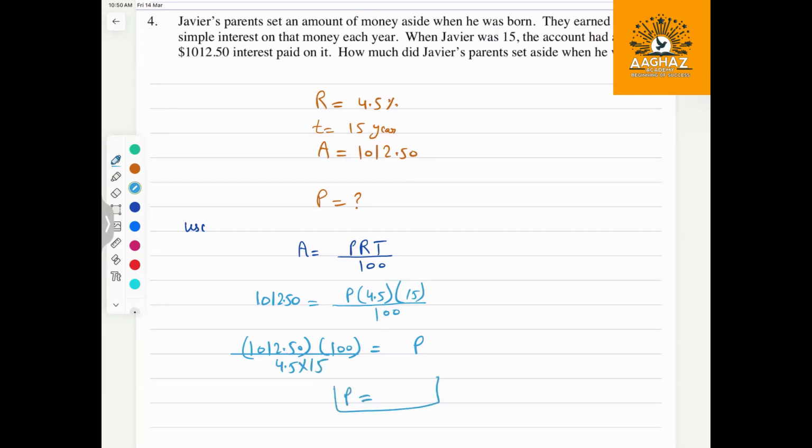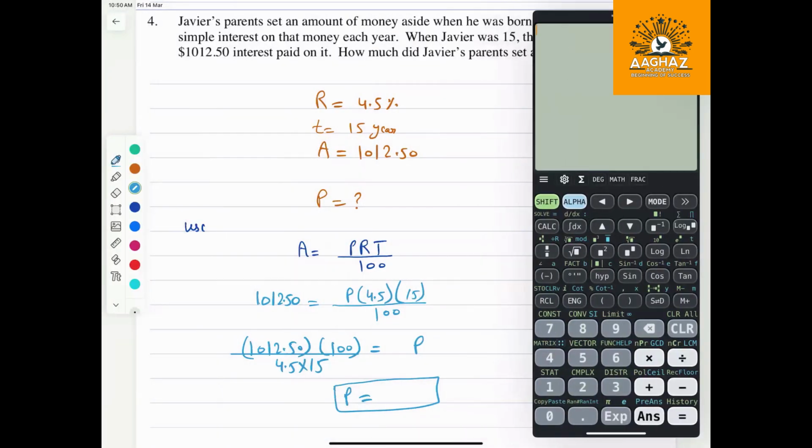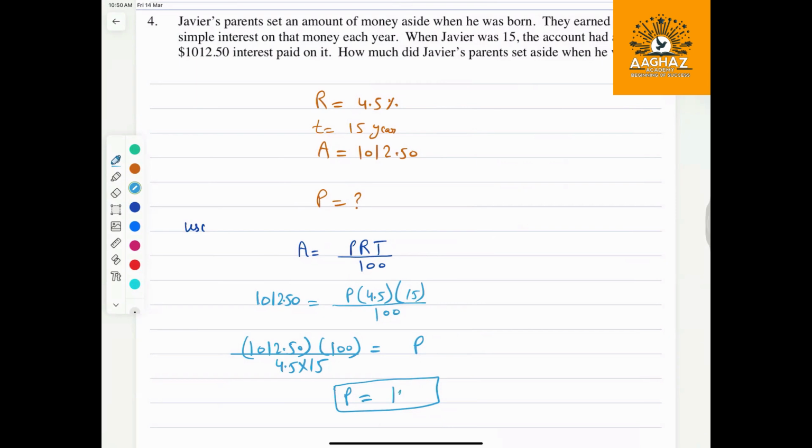Now find the answer by calculation: 1012.50 multiply 100 over 4.5 multiply 15. So the answer is 1500. So $1,500 is the amount that his parents invested at the start.